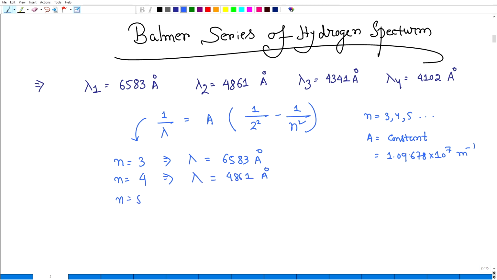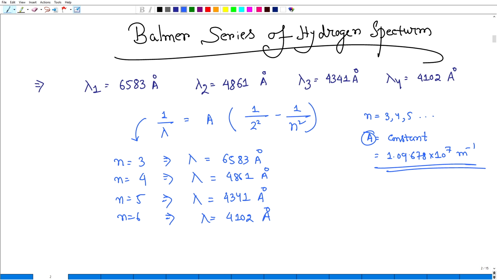If n equals 5, then lambda will be 4341 Angstrom. Similarly for 6, you get the corresponding lambda. So these results were obtained, but he was not able to explain why A is there, or why the value of A should be like this. These explanations were not there because he gave only a mathematical explanation.